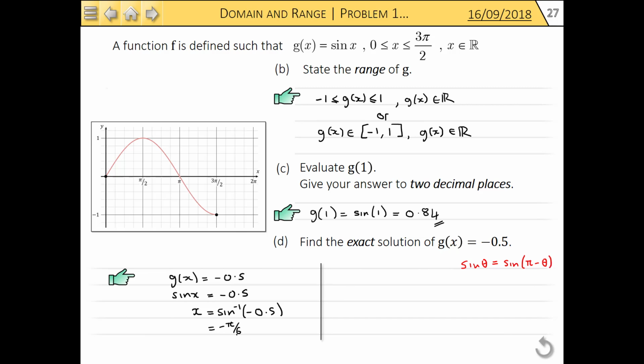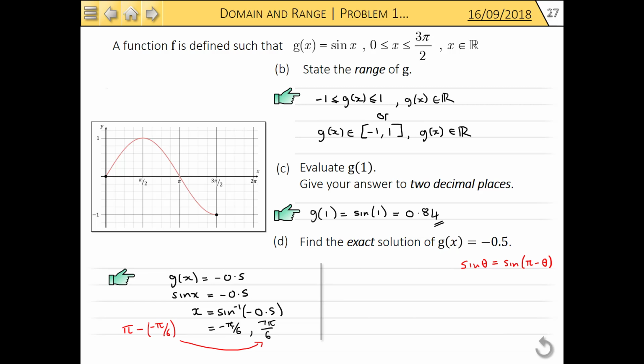So to get a second solution here, we need to do pi minus this. So pi minus minus pi over 6 gives me 7 pi over 6.